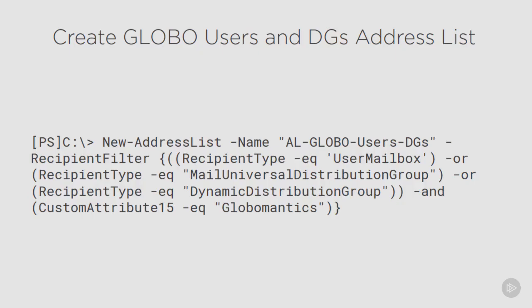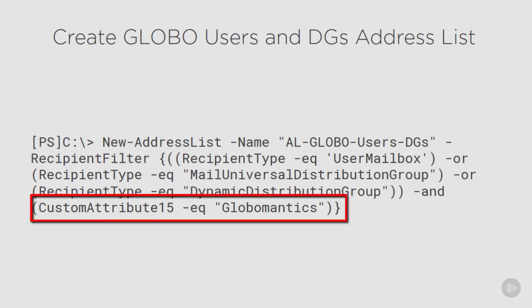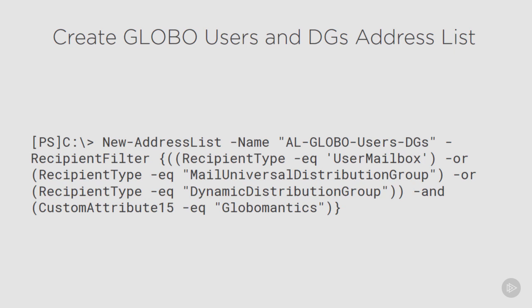We need to create the Globomantics user and distribution groups address list. That will be the New-AddressList commandlet. Give the address list a name, and then the recipient filter is just the same as a normal recipient filter for an address list of this type. But the custom attribute 15 criteria is also included so that only recipients with custom attribute 15 set to Globomantics will be included in this address list.